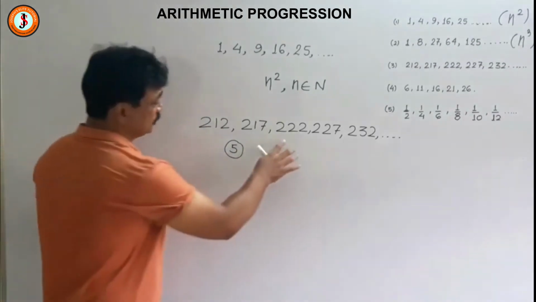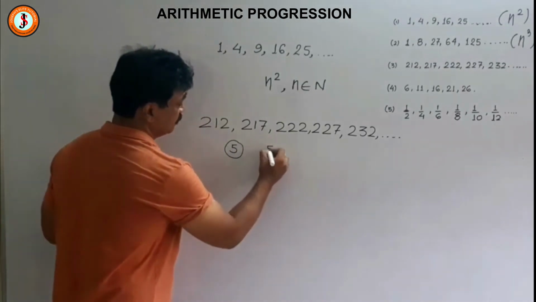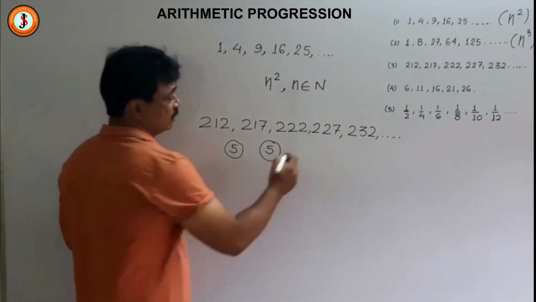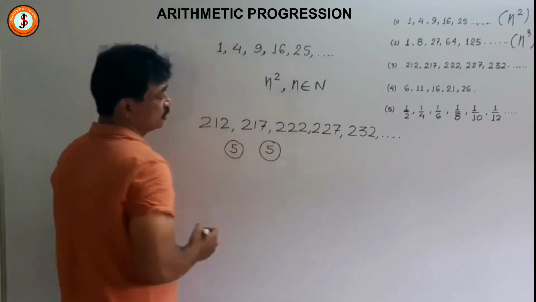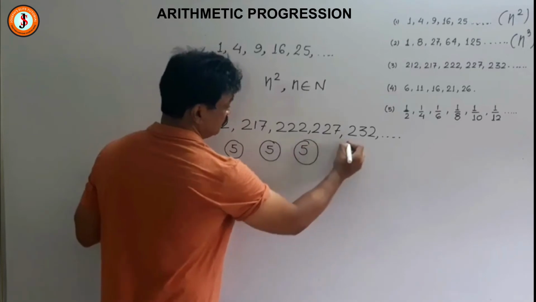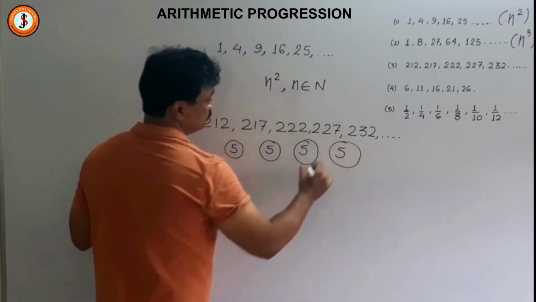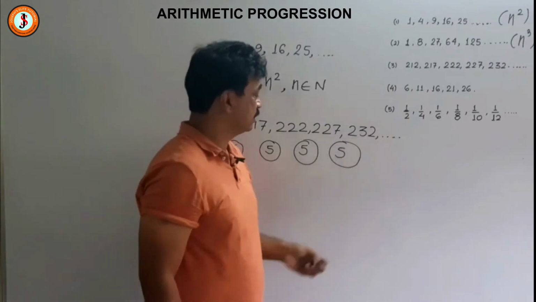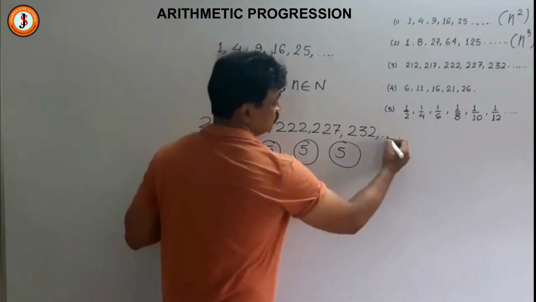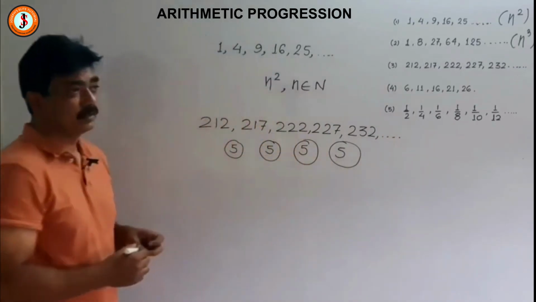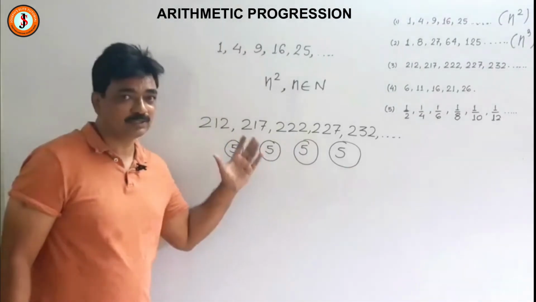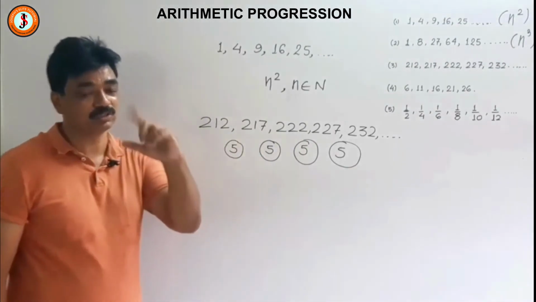Then here also 222 minus 217 is 5. 227 minus 222 is again 5. So the same difference is coming. If somebody asks me what is the next term, that means the number is being increased by 5, so I'll tell there is 237 over here. So the difference between any term and its preceding term is constant.